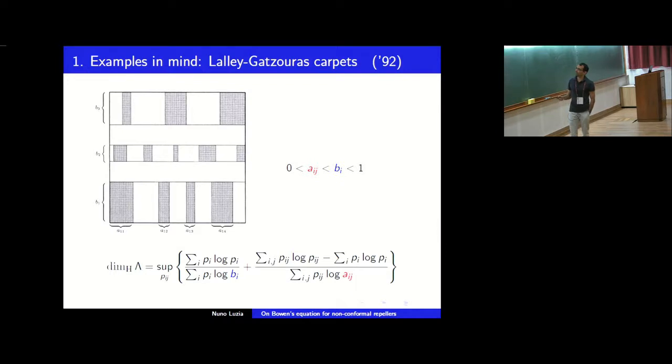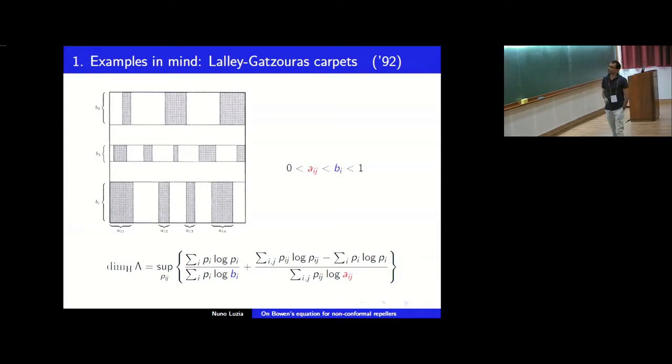And this expression in brackets here is just the Hausdorff dimension of the Bernoulli measure corresponding to this p_ij. p_ij is a weight on these rectangles here. And what does it read? It's a sum of two numbers. The first number is very natural in the Hausdorff dimension.